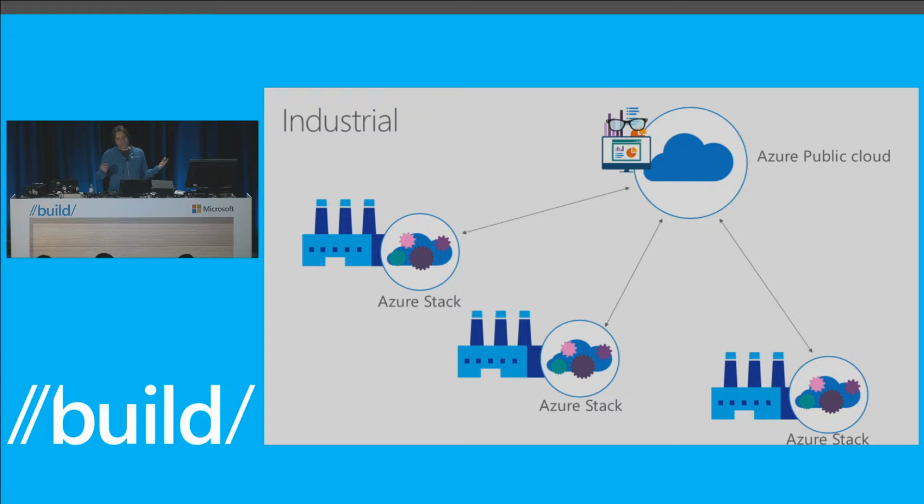And so while operations of that factory in the Azure Stack are local, you may have some business analytics that gets offloaded to the cloud so that the people who run your company want to understand the production schedules and so on across these factories. And so that could be on a slower connection basis and so on.